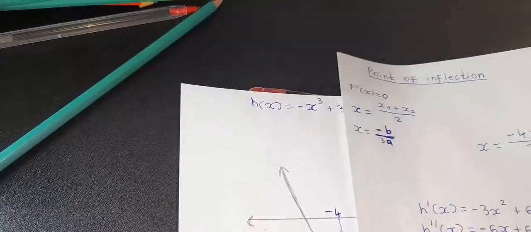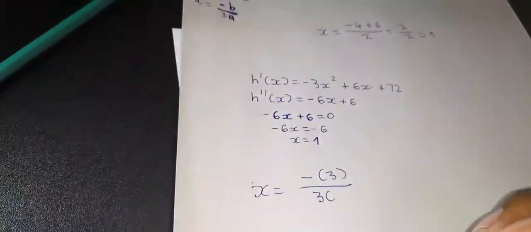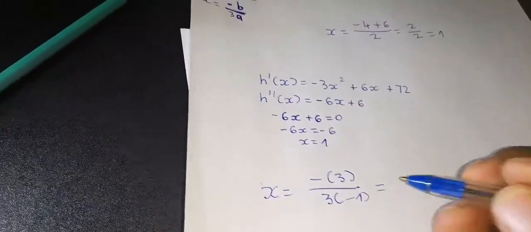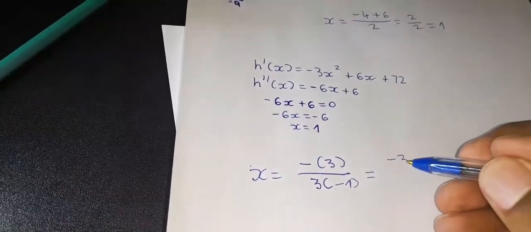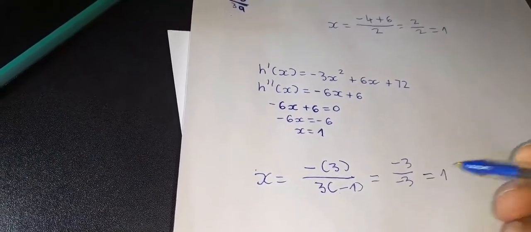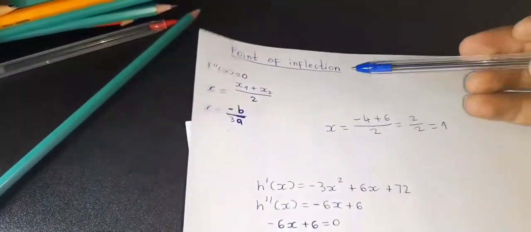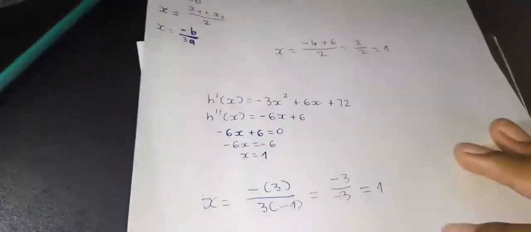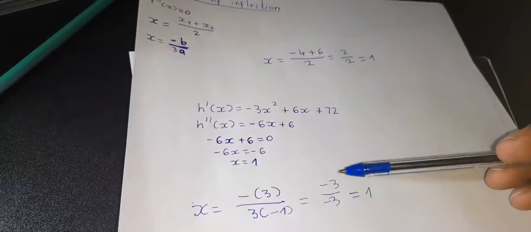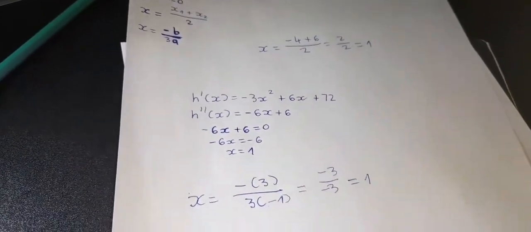What is our a value? Our a value is -1, as you can see there. So the answer is -3 over -3, which is equal to 1. So you can see all these three formulas give us the same answer. So the x coordinate of the point of inflection is at x equals 1.